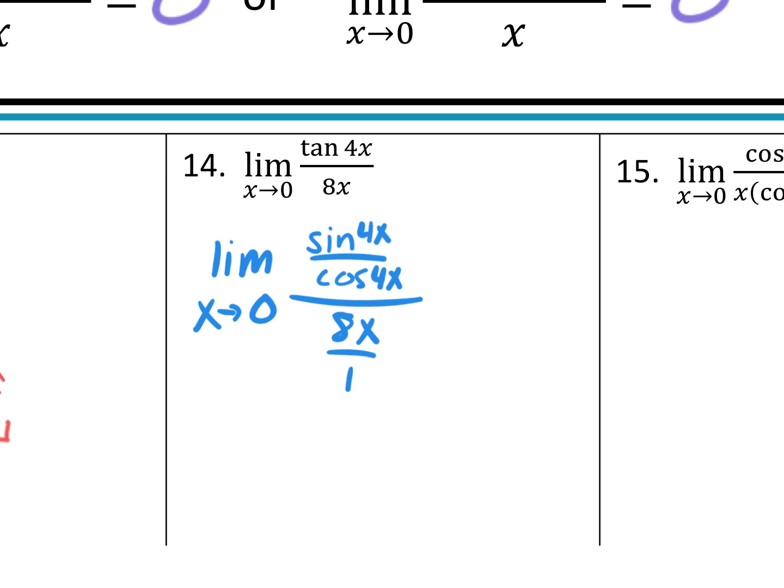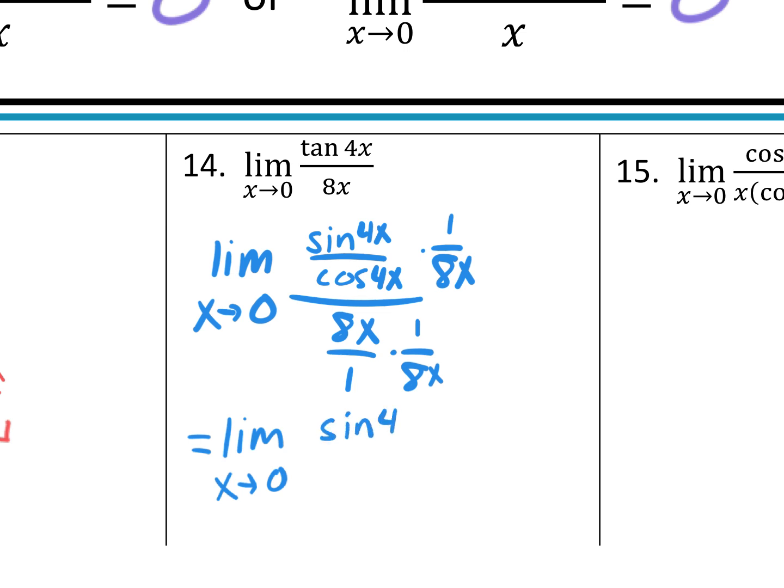We can keep, change, flip, and then we can do times 1 over 8x. So then this is going to get us the limit as x approaches 0 of sine of 4x over, I'm going to write the 8x in front so that I'm not confused with the cosine, 8x times cosine of 4x.